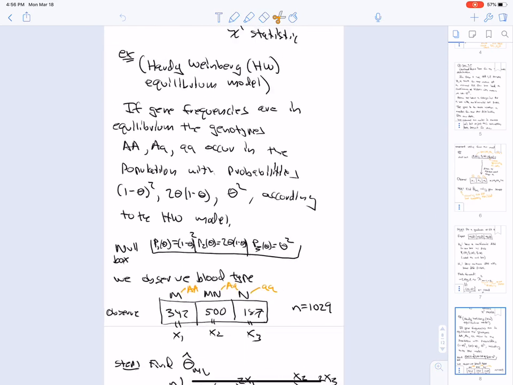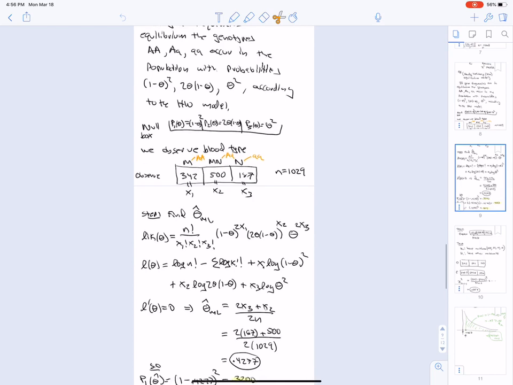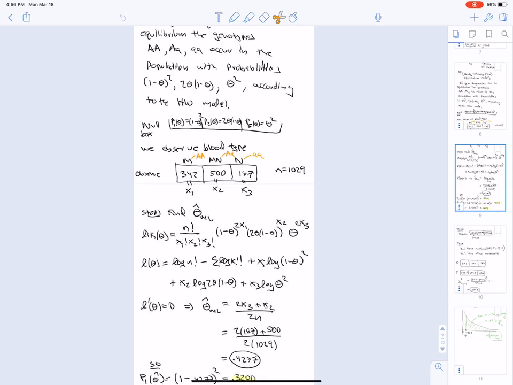So finally, an example: the Hardy-Weinberg equilibrium model. So here our null box consists of this probability model where there's a parameter theta. Notice that the sum of these probabilities is 1. We observe some counts here that are actually phenotype counts, but they relate directly to the genotype.